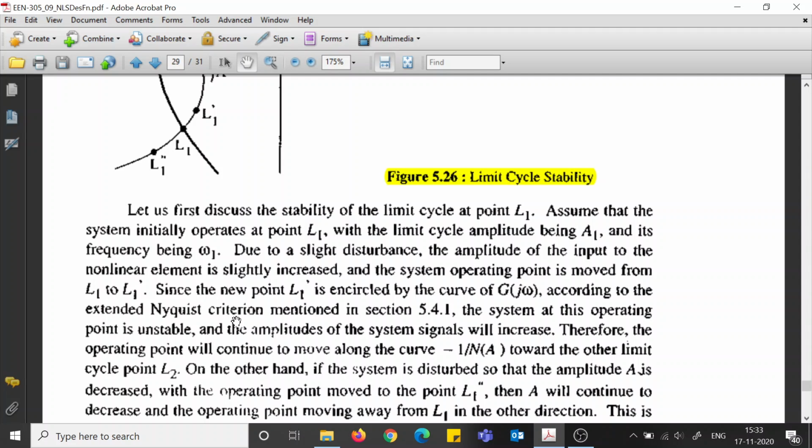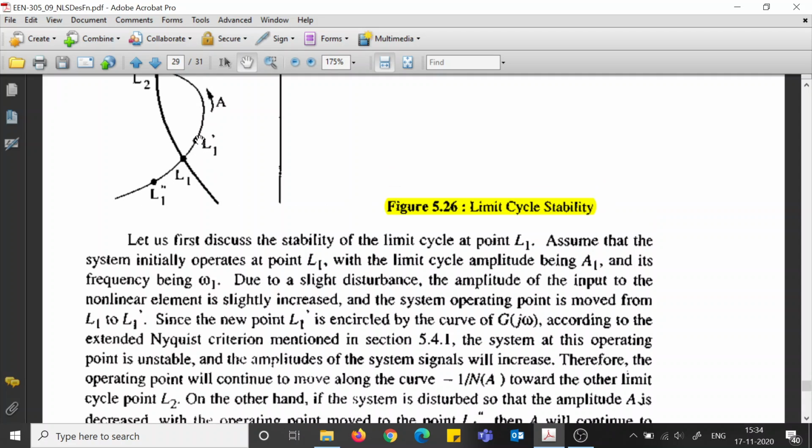According to the Nyquist criterion, the system at this operating point is unstable. That means the amplitudes of the system signals will grow. In which direction will it move? The amplitude is increasing in this direction, so it will move in this direction.